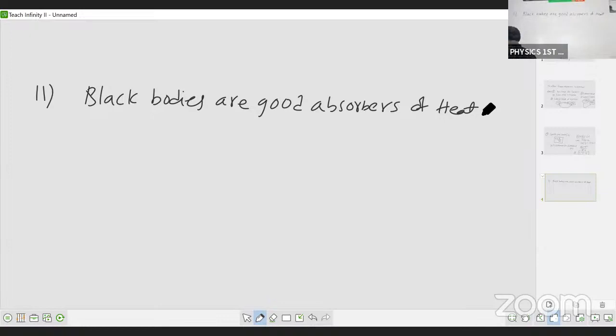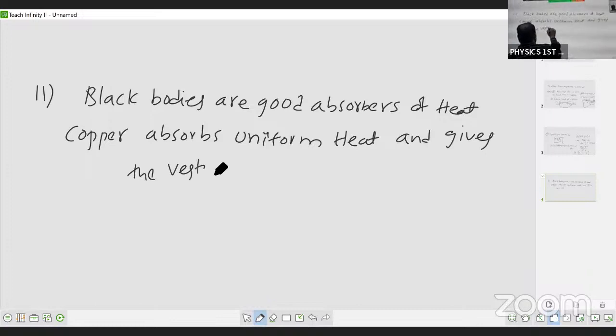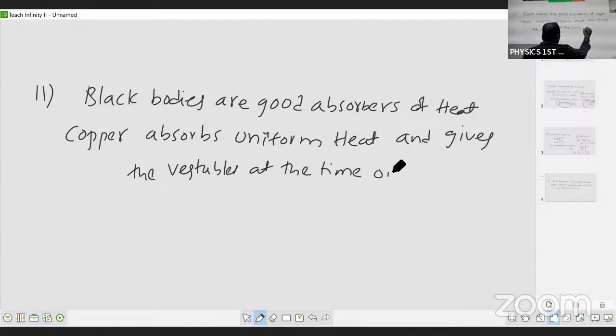Yes, question number 11. Coated black. Why are we coating utensils black? Because black bodies are good absorbers of heat. This is one reason, student. And one more is there. Why is the bottom of the utensils made of copper? Copper absorbs uniform heat and gives it for cooking.